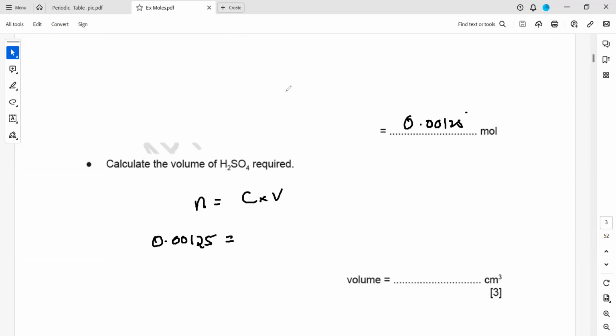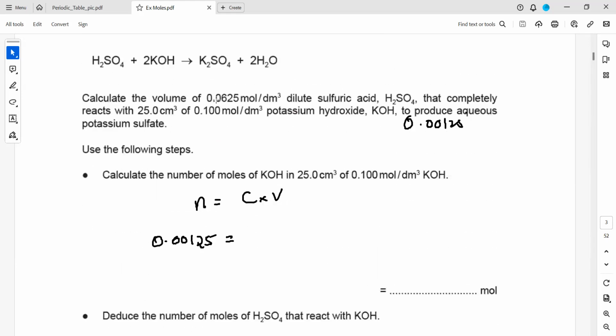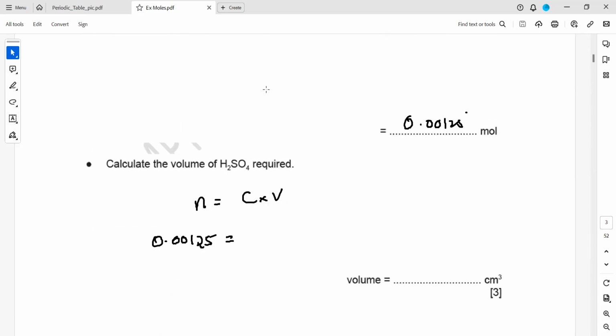The concentration of sulfuric acid is given at the start of the question. It was 0.0625. And the volume we don't know. So if I need the volume, this will go there in division.